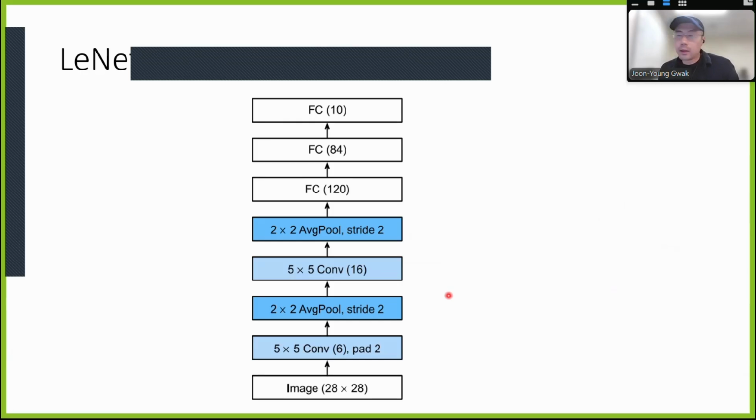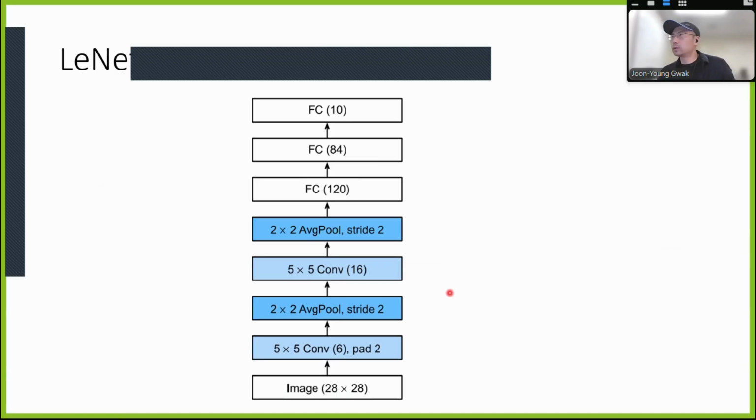Yes, so this is the LeNet-5 block, which is basically a block representation of this image. I'm pretty sure that you may have learned the concept of blocks and layers.